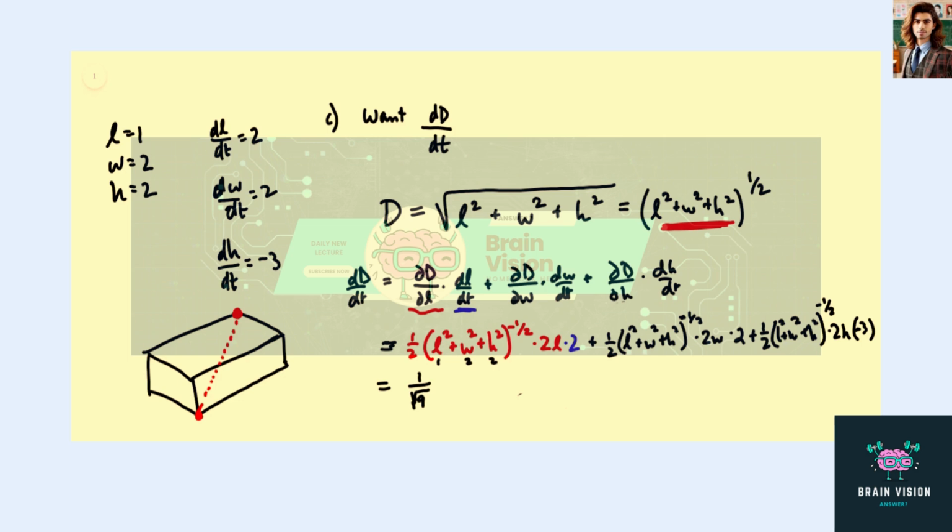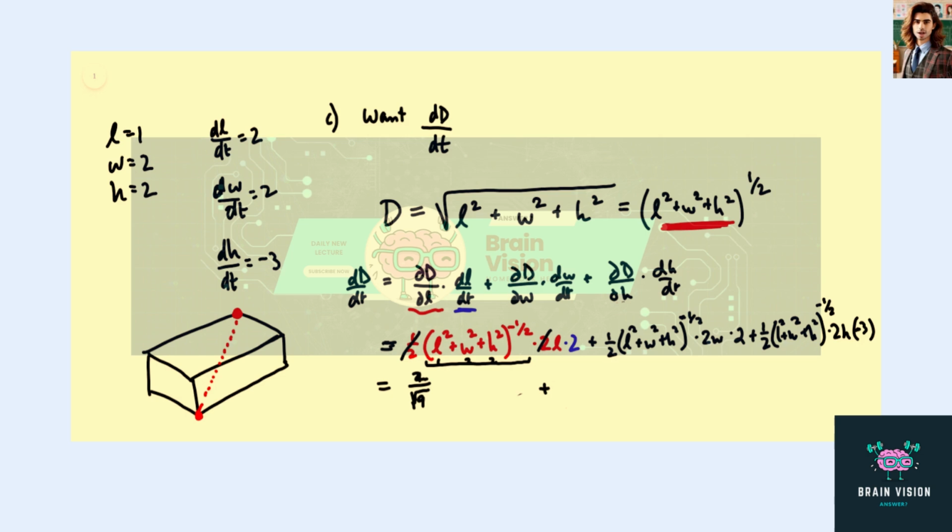So this entire part in the parentheses becomes 1 over the square root of 9, which of course will be 3 in the next step. This 1/2 and that 2 cancel out, so we just get L times 2. But L is 1, so everything is just times 2. So when everything's done, we should get 2 over the square root of 9, which of course will be 2/3 at the end.